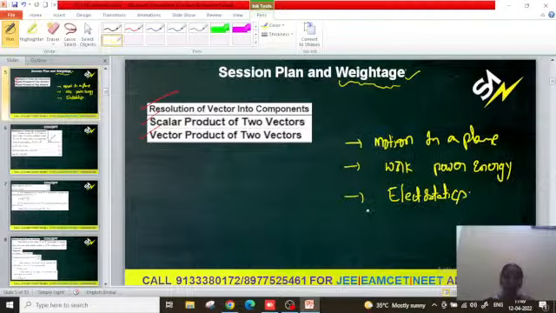We use vector algebra techniques in the measurement of physical quantities in these chapters, and also in moving charges and magnetism.